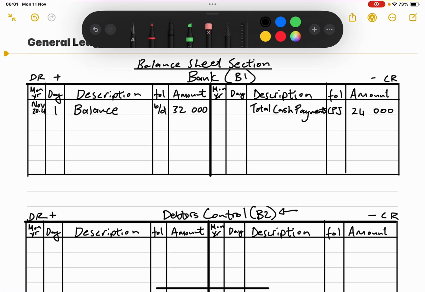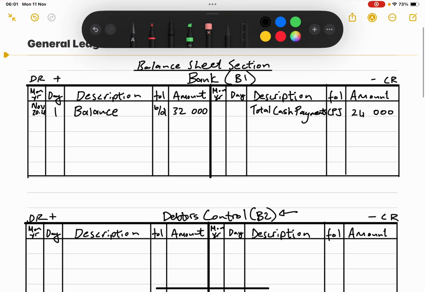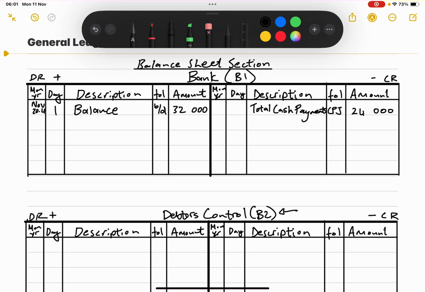Okay, and so I'll show you that in a minute. But for now, CPJ and CRJ is what you're going to put under folio for your total cash payments and your total cash receipts.